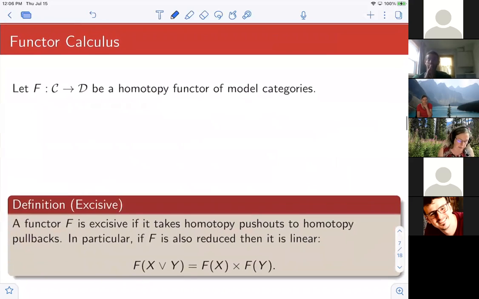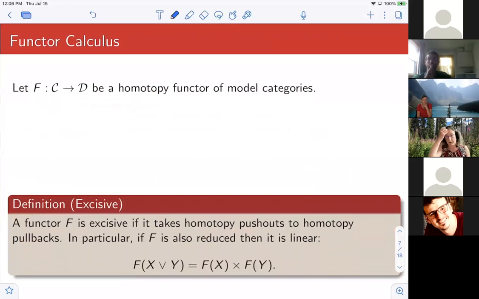Okay. So let me back up and tell you a little bit about functor calculus, which is where the homotopy theory comes in. So let F from C to D be a homotopy functor of model categories. Okay, if you don't know what a model category is, or if you're an infinity category person who just doesn't want to talk about model categories, I really only have 2 things in mind. So you can either think about C and D are categories of chain complexes of an abelian category.